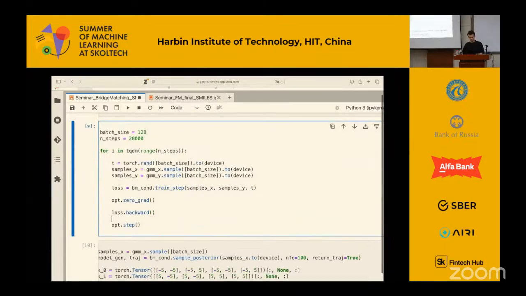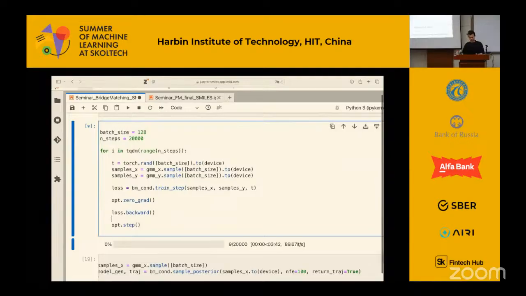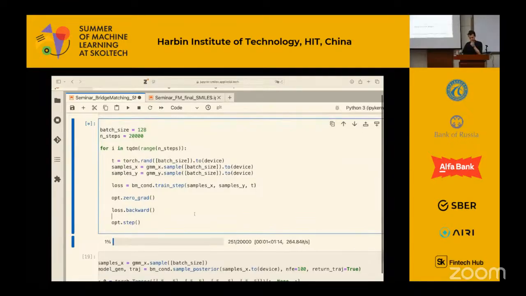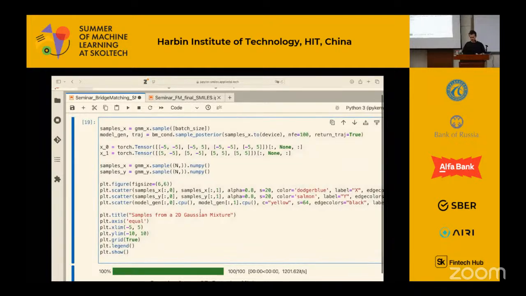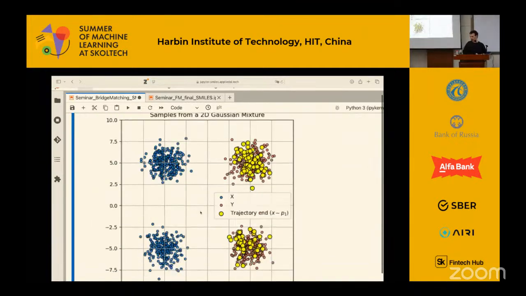So we can launch the learning. It will take a lot of time, but I can show you the results nevertheless. This is again the picture of how well the conditional bridge matching fits the target distribution, and you can see that it fits the target distribution as well as the unconditional bridge matching.